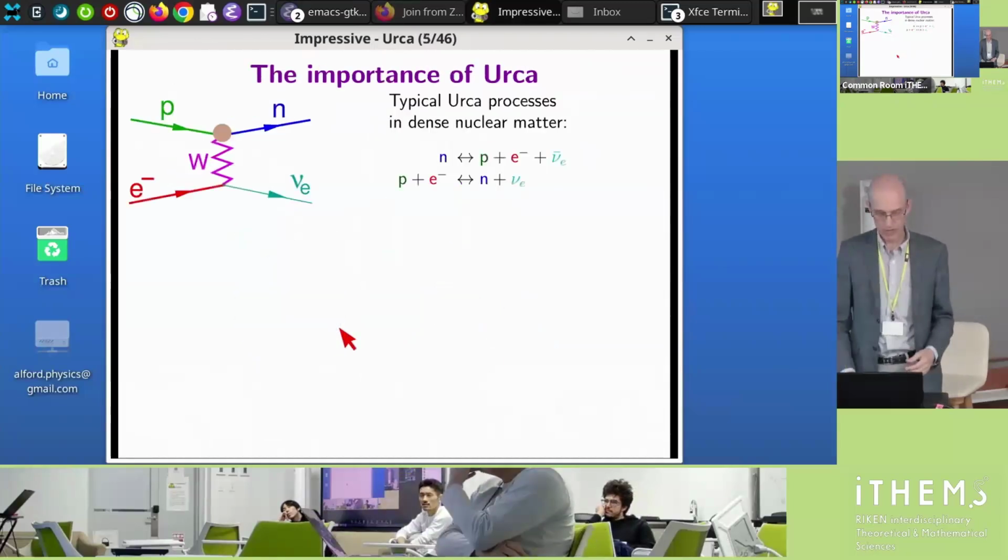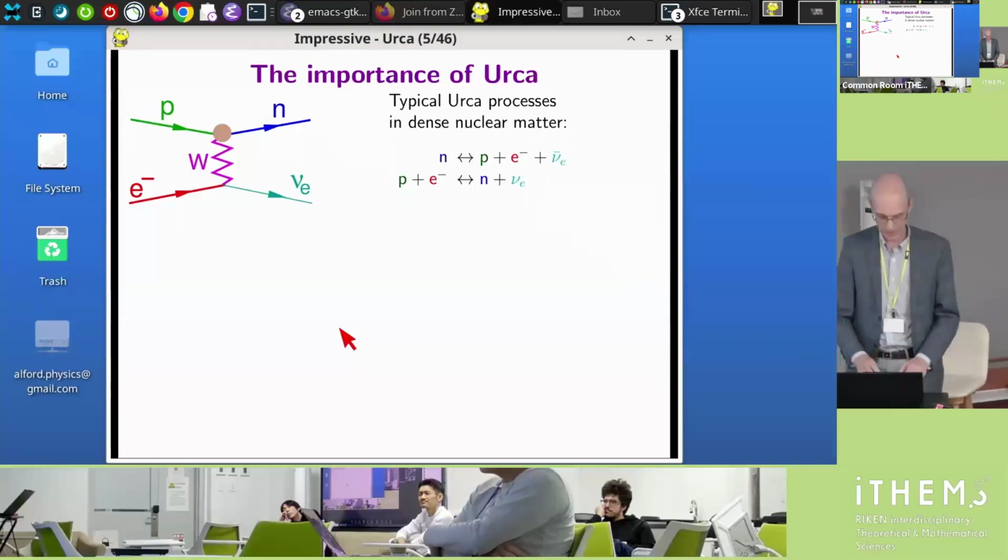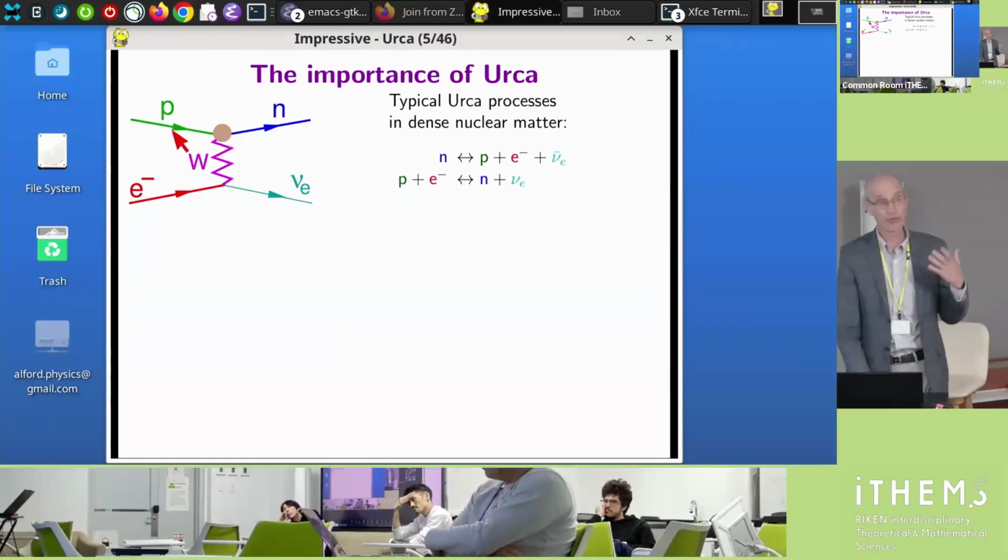Okay, so what is this Urca process? I've mentioned it a few times, but let's say explicitly what it is. Here's a typical example of an Urca process. It's these processes here, if you want the whole listing. Here's an example. It's something where, for example, a proton and an electron combine together, they exchange a W boson, and change into a neutron and a neutrino.